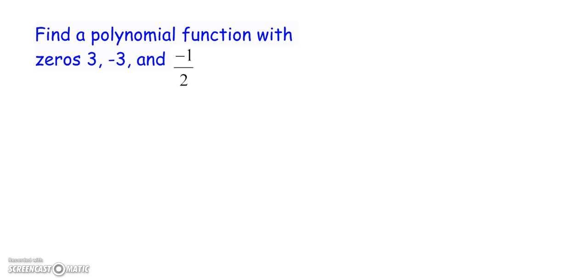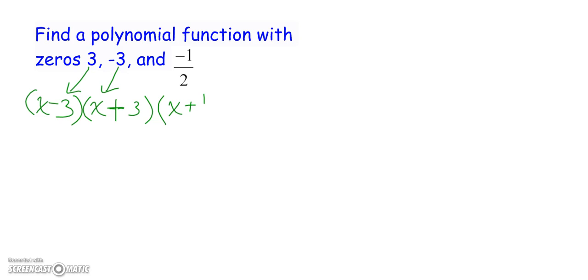What was its factor? This, x minus 3, was its factor. Well, negative 3 was a 0. What was its factor? I could say x minus negative 3, but it's way easier to just say x plus 3. And if I said negative 1/2 is a 0, what was its factor? X plus 1/2.